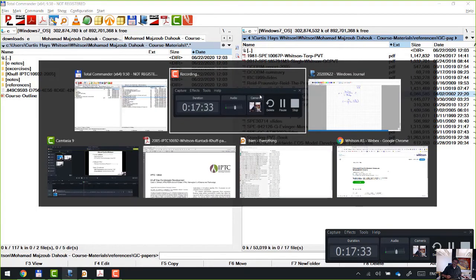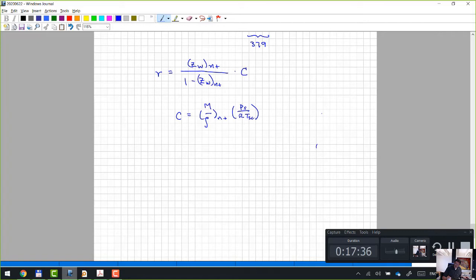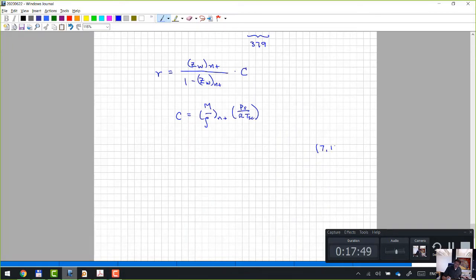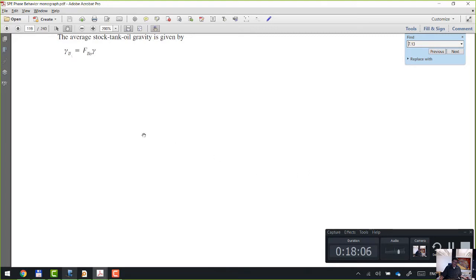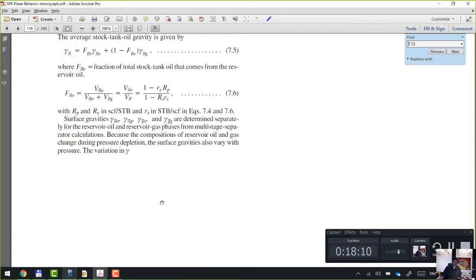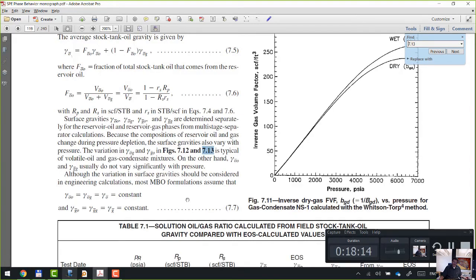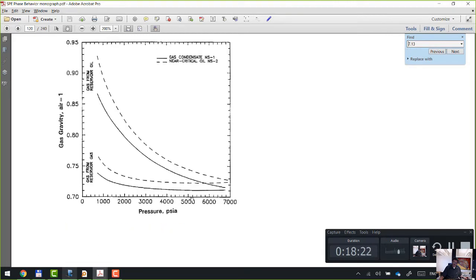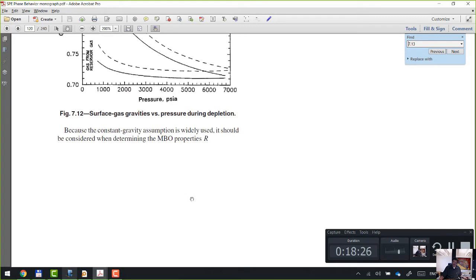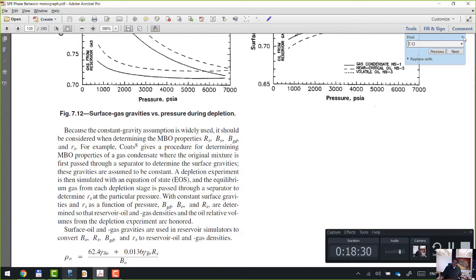Which equation? 7.13, I think. 7.13. That's in field units.